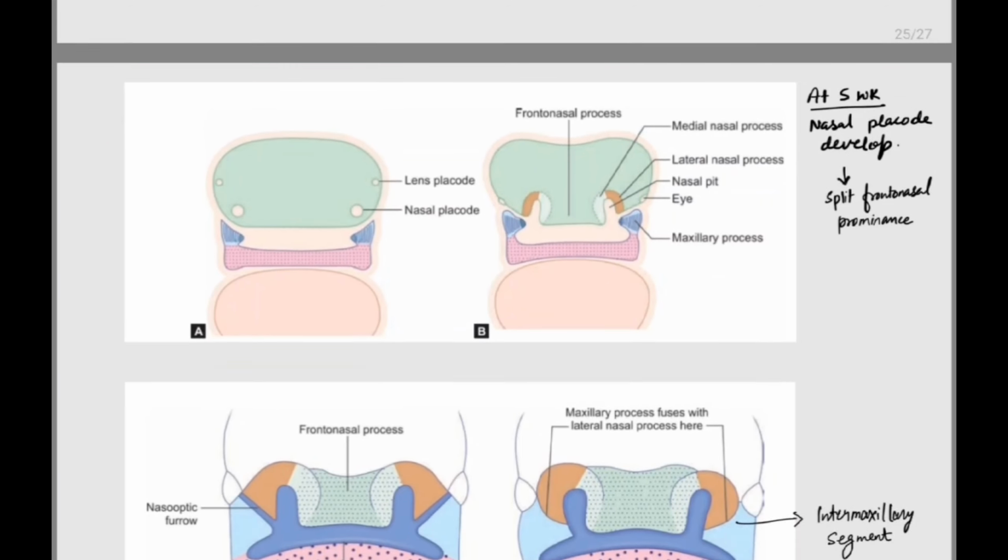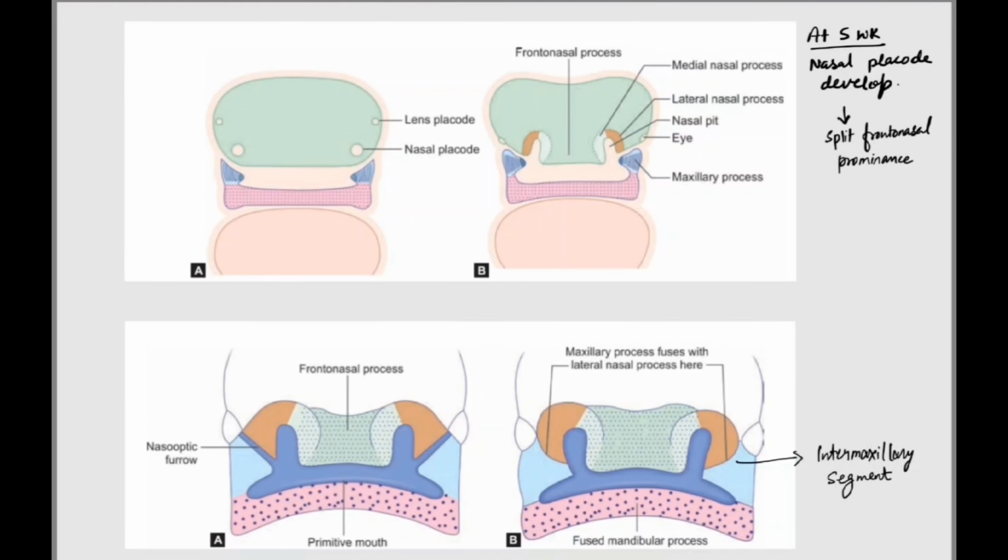Now at the end of the 5th week there is the formation of the nasal placode. This nasal placode divides the frontonasal process into 2 parts. One is the medial nasal process and on the other side is the lateral nasal process.